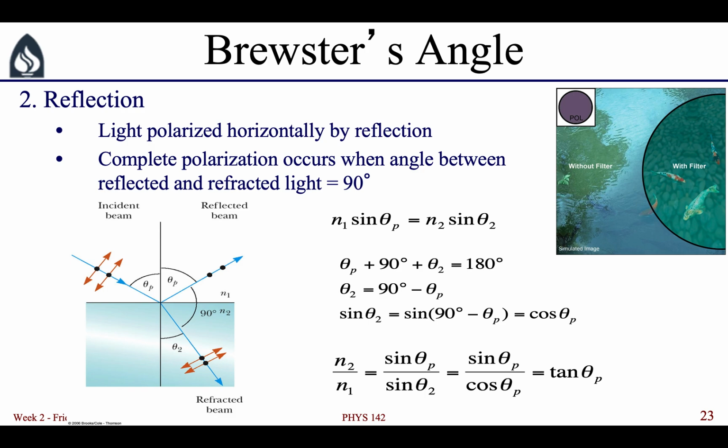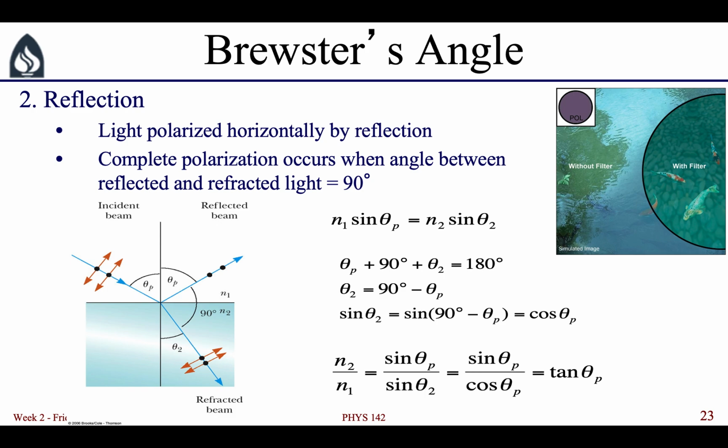Even if we're not exactly meeting Brewster's angle, at least some of the light will be horizontally polarized. And so that's why if you have polarized sunglasses, the transmission axis is actually vertical, so that any reflections off of either water or pavement or things like that, which will tend to be horizontally polarized, are reduced. To reduce that glare, you have sunglasses with a vertical transmission axis.